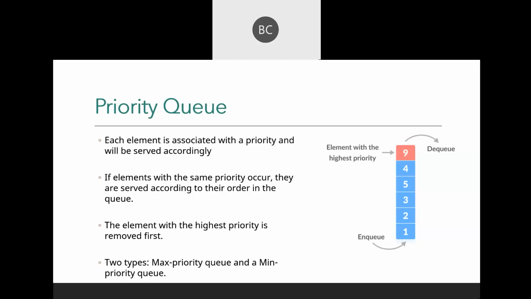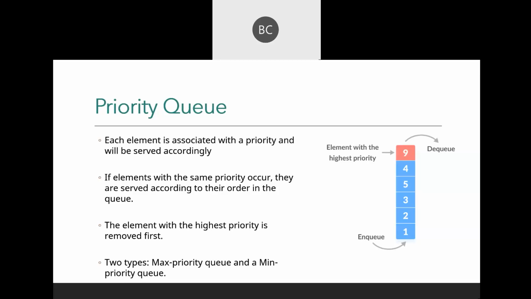Okay, so the main characteristics of a priority queue: every element will have some priority. Higher priority will be dequeued first, and lower priority elements will be dequeued last.